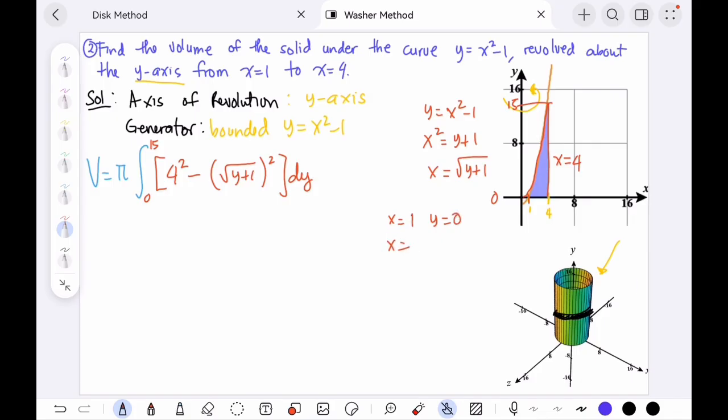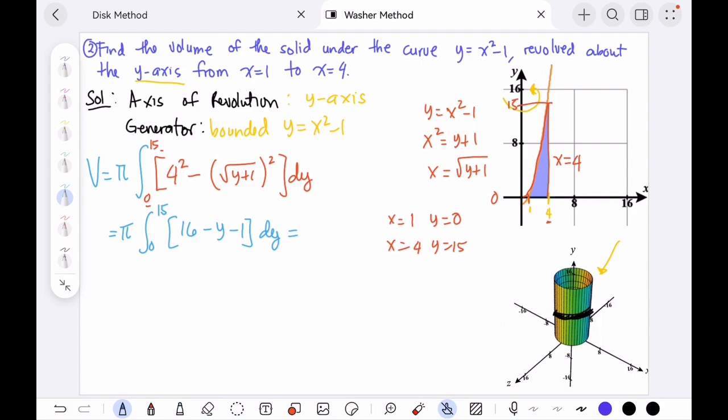And when x is 4, y is 15. That is why the limits of integration is from 0 to 15. Now let's proceed with the integration. Pi integral of 16 minus y minus 1 dy.